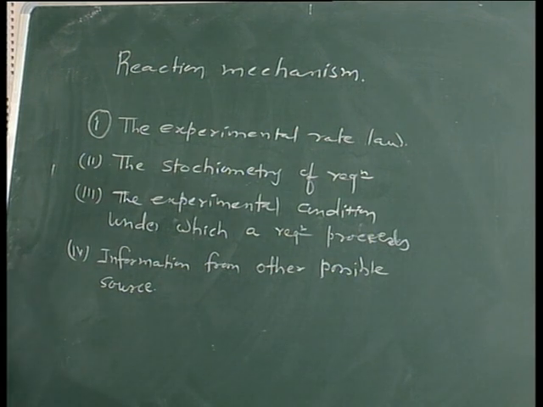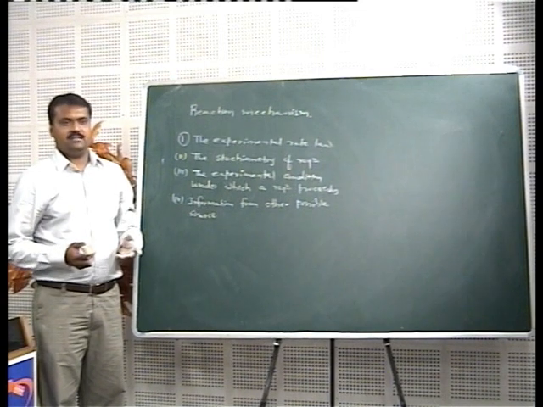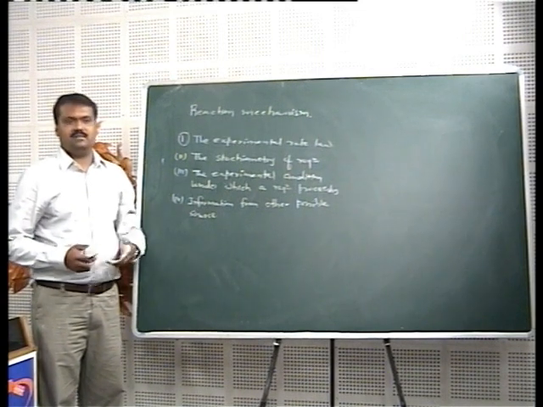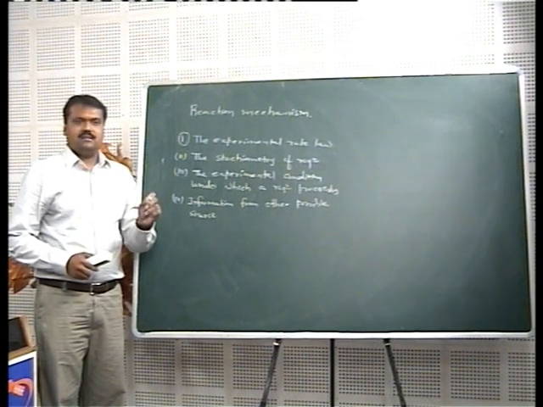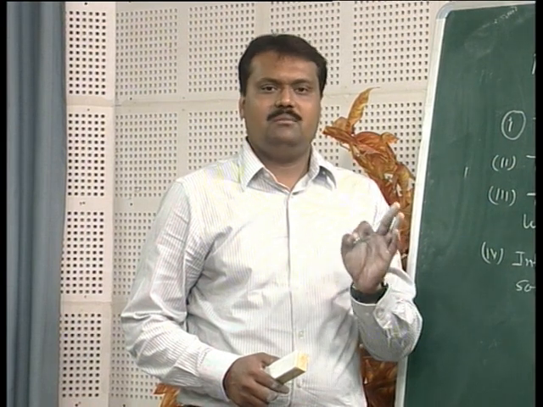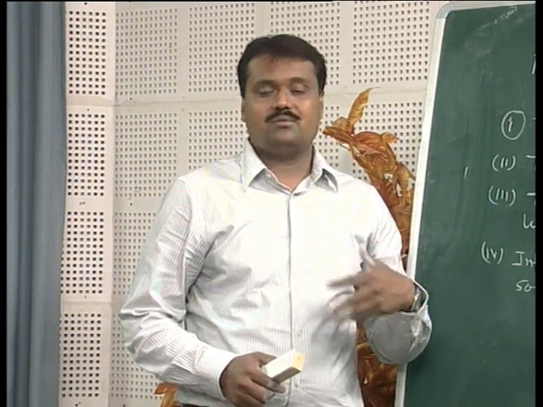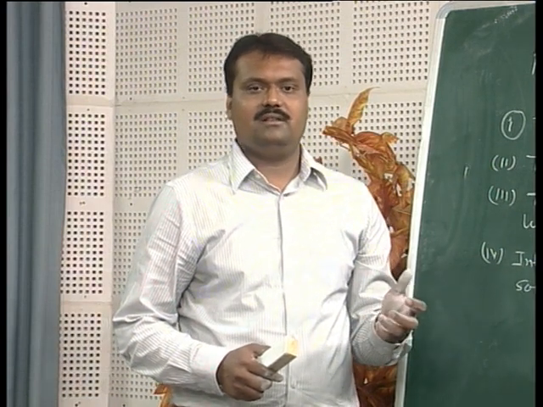See, for any reaction, you can propose more than one mechanism depending on your imagination. But at one instant, that particular reaction will follow only one mechanism. So we should judge the correct mechanism of the given reaction.